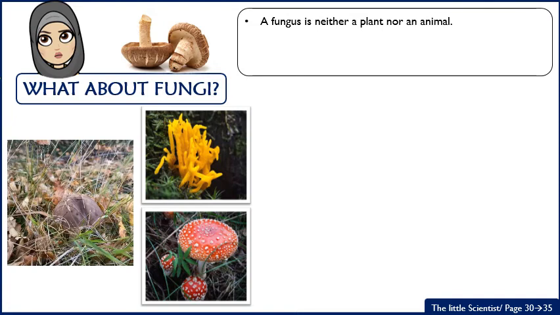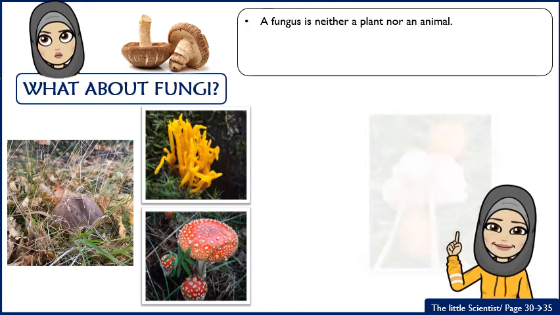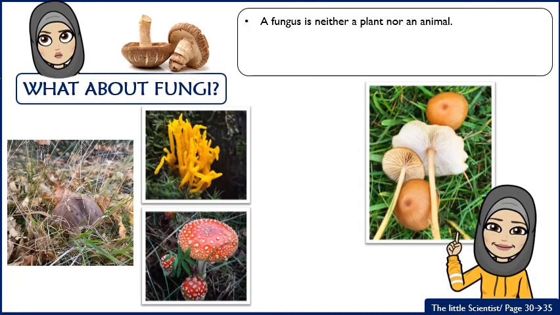Fungi are fungi. They have their special group. Fungi do not have leaves, flowers, stems, or roots like plants do, but they have a cap, they have gills, they have a stem called a style, and roots that we call mycelial threads.